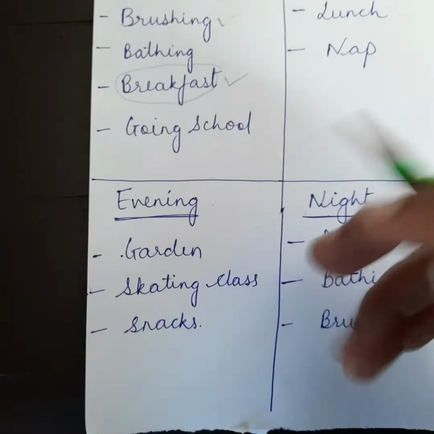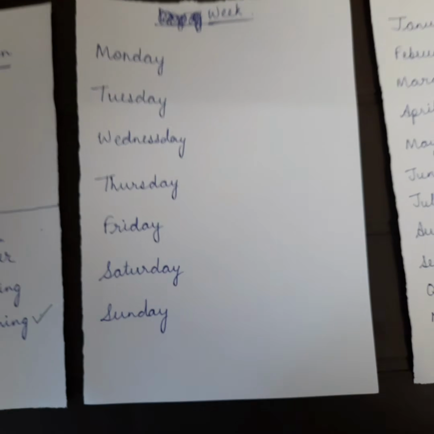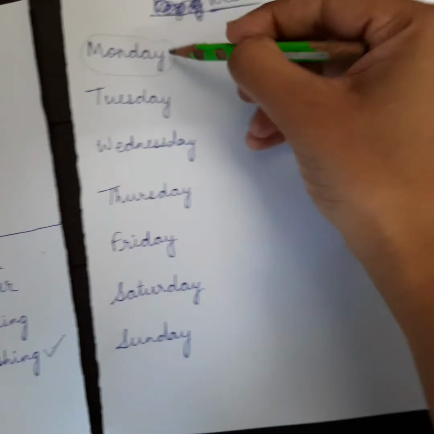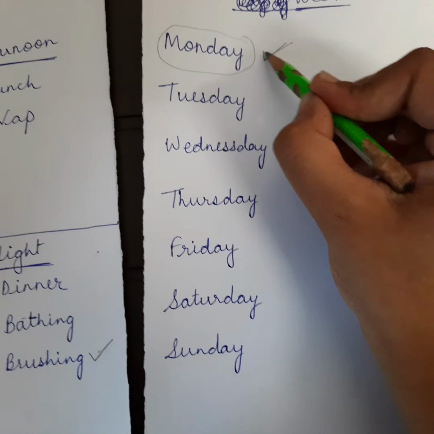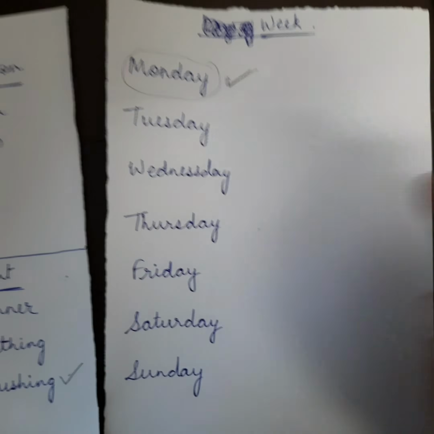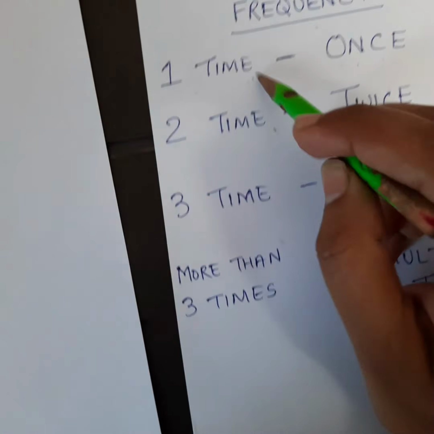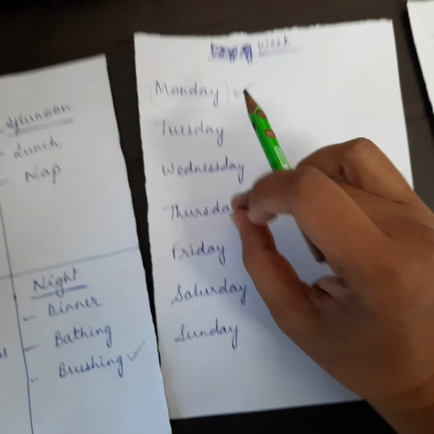If I ask how often does Monday come, here he can circle Monday. There's no other Monday, right? So the kid will encircle Monday, and then he'll get back to that frequency sheet: 1 time, once in a week. He knows on which particular sheet he has tick marked.